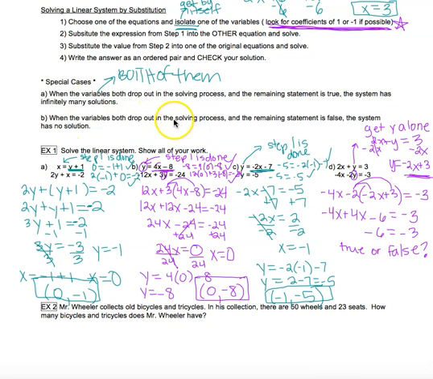And remember here, if the statement is true, you're going to say infinitely many solutions. If the statement is false, then you're going to say no solution. So go ahead, look at this statement that we have, negative 6 equals negative 3, and then decide which answer you should choose here.